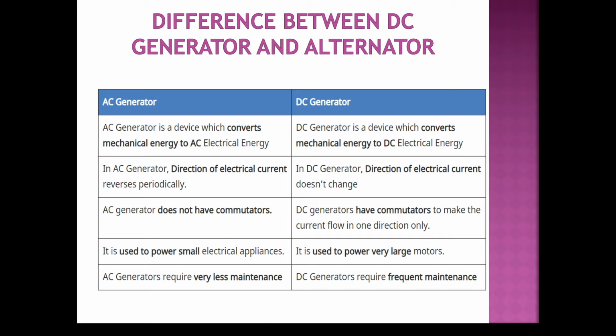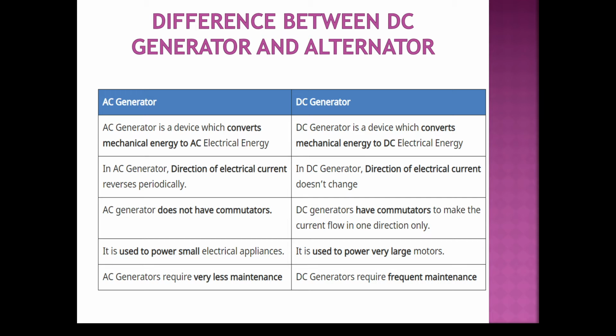Okay. So in an AC generator, the direction of electrical current will reverse periodically. In a DC generator, the direction of electrical current doesn't change. Changing periodically means what? Once it is positive, next time it is negative, then positive, then negative. Whereas in a DC generator, the direction will be positive only. We'll get a DC line. Okay. An AC generator does not have a commutator.